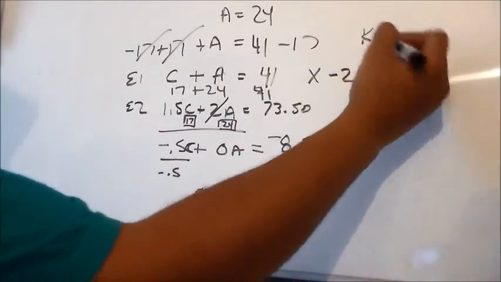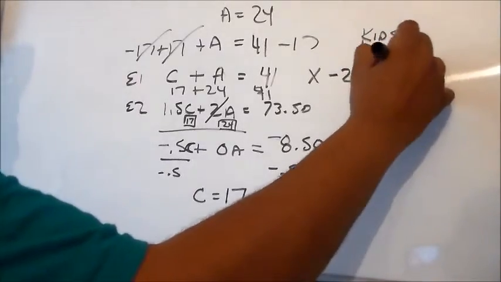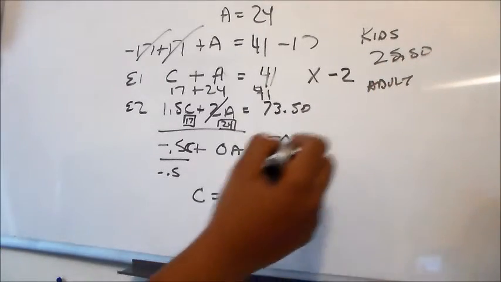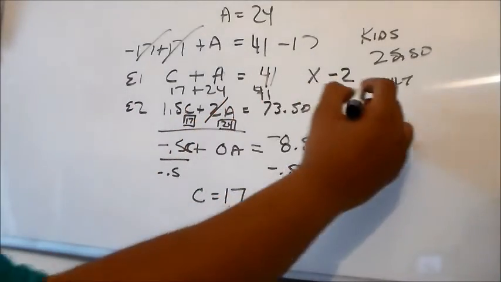Kids tickets were $25.50, and adult tickets, which will be 24 times 2 to test it, will be $48.